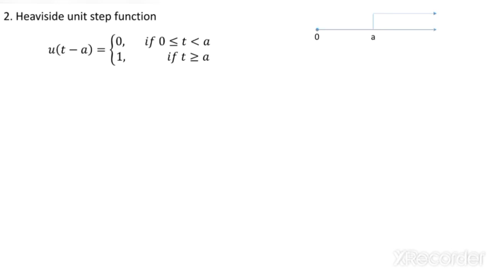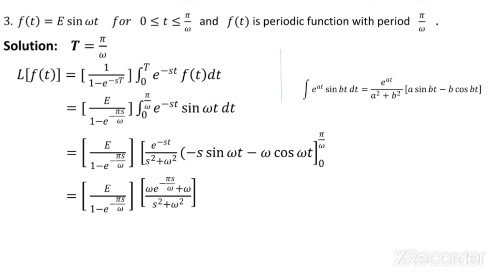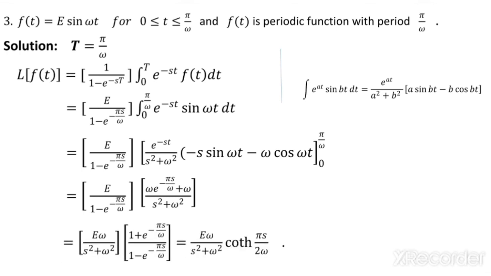So this is the answer: e omega by s square plus omega square, cot hyperbolic pi s by 2 omega. So we have taken 3 problems under periodic functions. I hope we can now move on to the next topic, the Laplace transform of the unit step function.